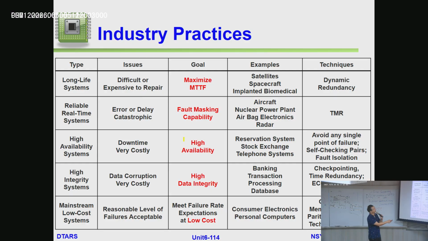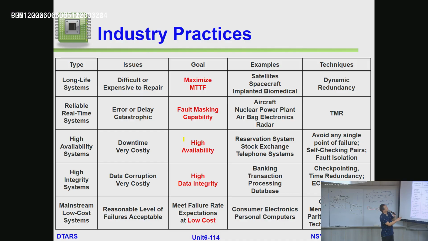If the goal is this one, then we should consider this one. If the goal is high availability, then we can choose this one. So when you go back home, please try to look at this table to understand that for different types and different goals, you can select different fault tolerance methods we discussed.